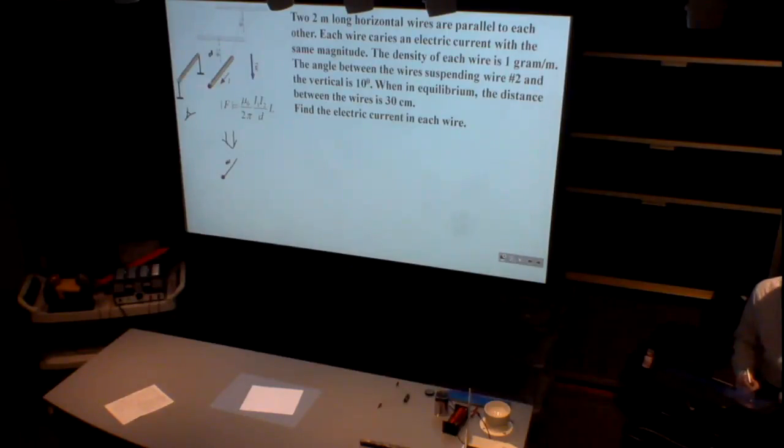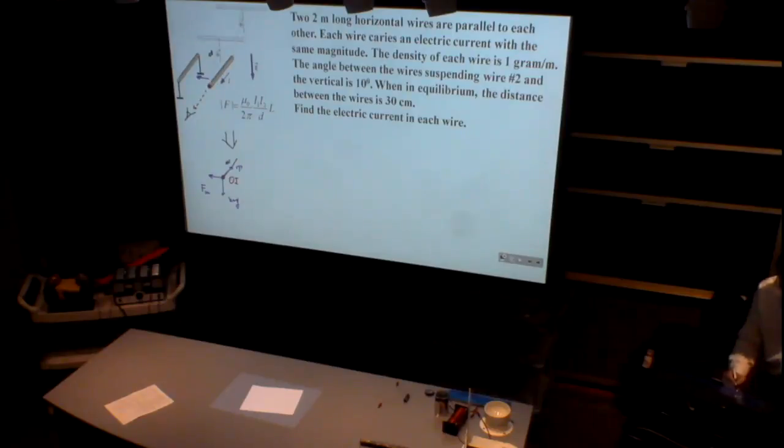Electric current travels at us, trying to focus in an eye. And this arrow represents the force of tension. This arrow represents the force of gravity. And because there is attraction, it has to be a magnetic force directed to the left.